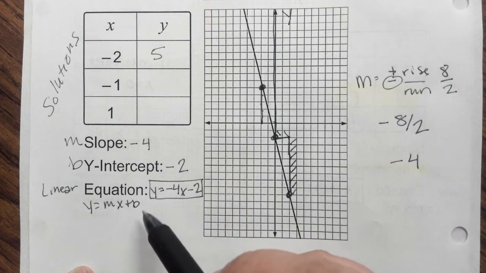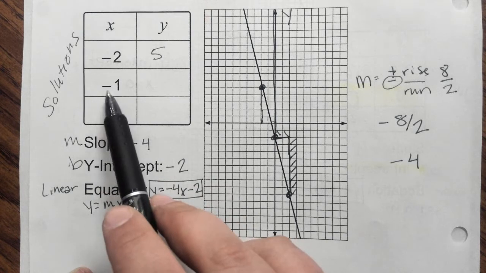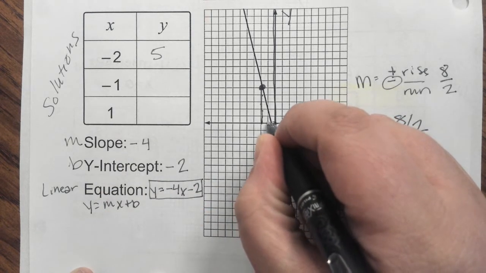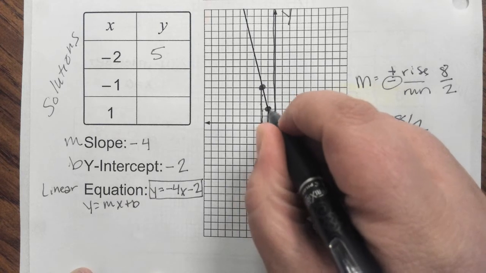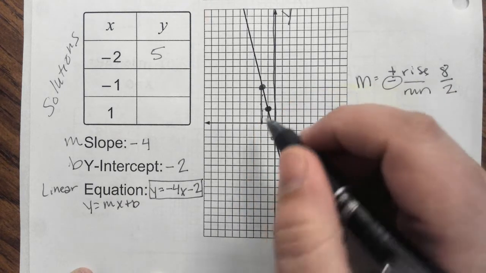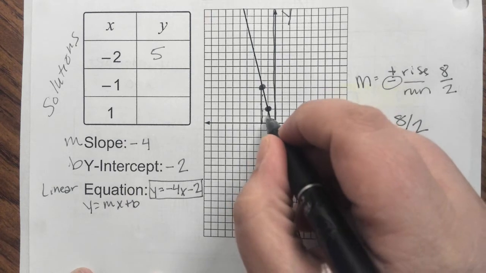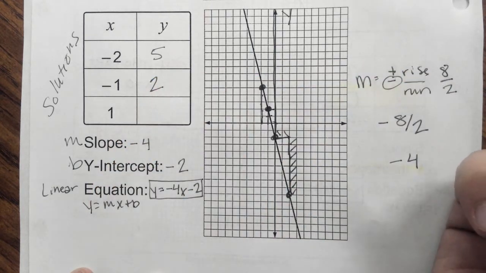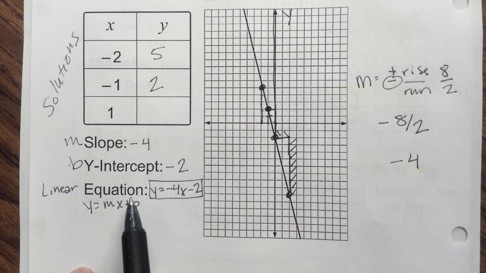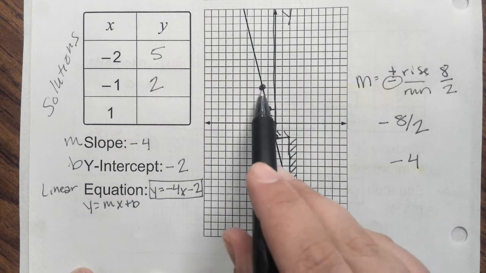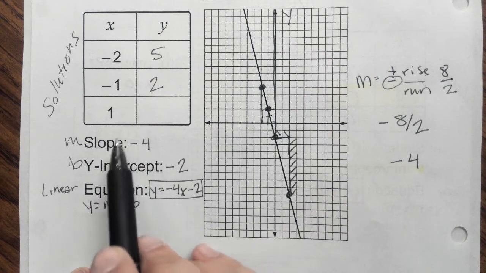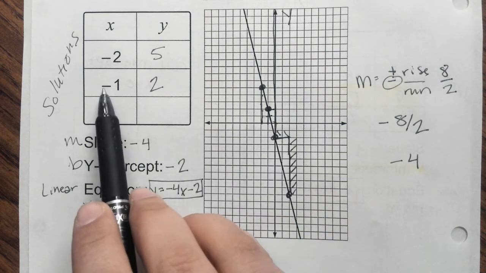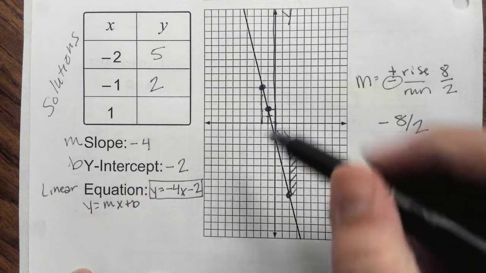Okay, looking at the next ordered pair, negative 1. Here's negative 1, and we're going up until we're at the line, right there. That has a y value of 2, so the ordered pair would be negative 1, 2.